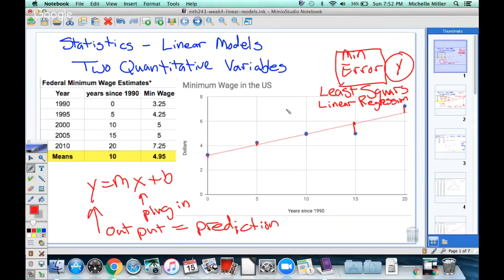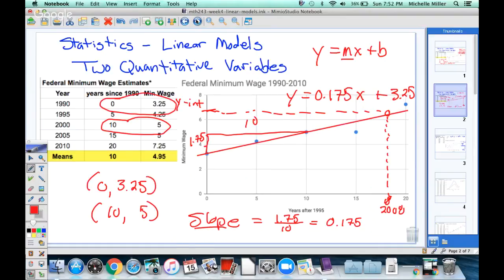And the slope there, one of my lines I came up with was 0.175, 3.25. All right, let's use that.